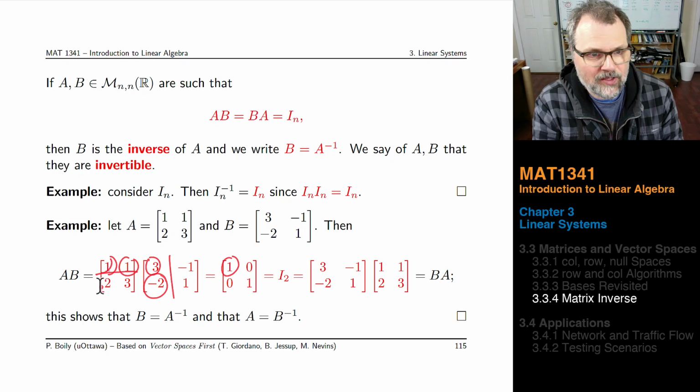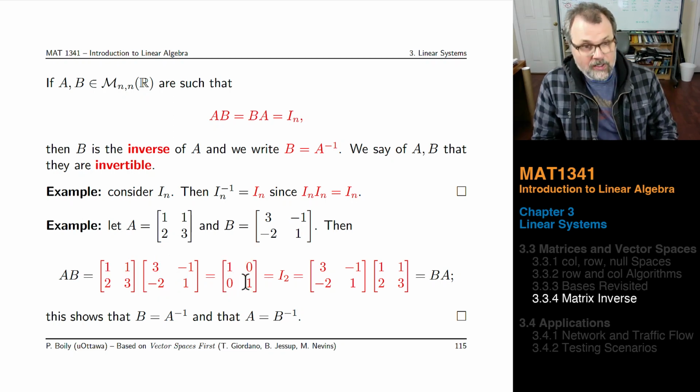Then I do the same thing for the first row, second column. 1 times minus 1, plus 1 times 1, 0. 2 times 3, plus 3 times minus 2, they're the same, 0. And then finally, 2 times minus 1, plus 3 times 1, that gives me 1. Sure enough, the product is the identity.